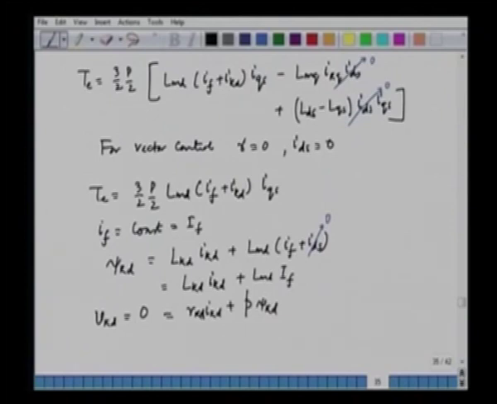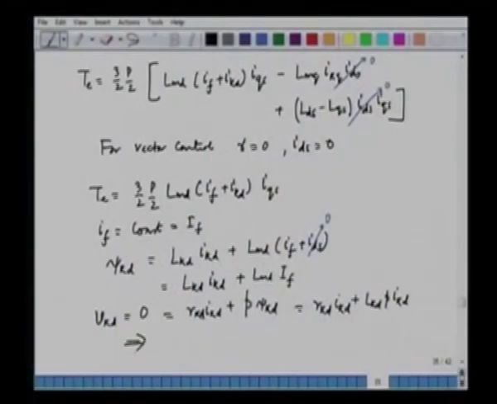So that is equal to RKD into IKD plus LKD into P IKD. Now, since we do not have any applied voltage, this current IKD will be 0 for steady state condition. Even in the transient condition, if we do not change IF, this current will be equal to 0, which implies IKD is equal to 0.